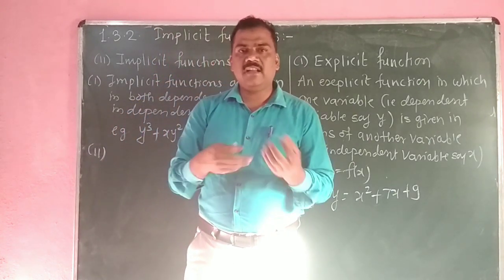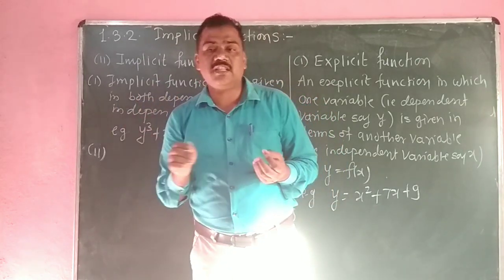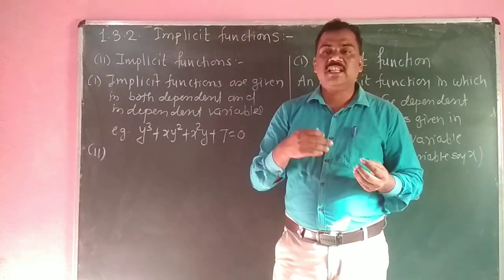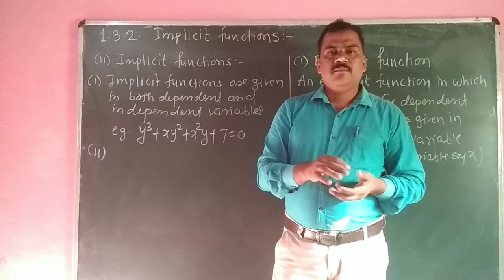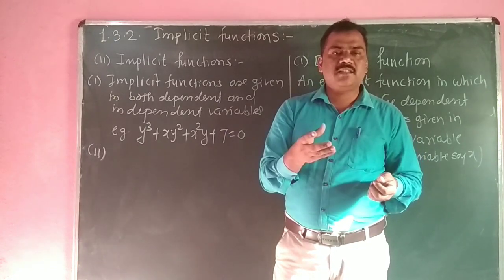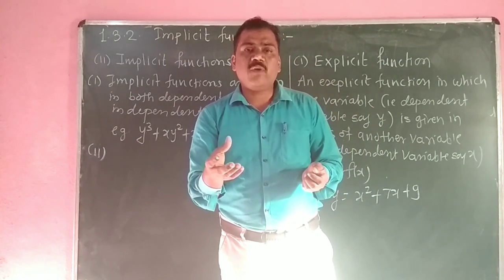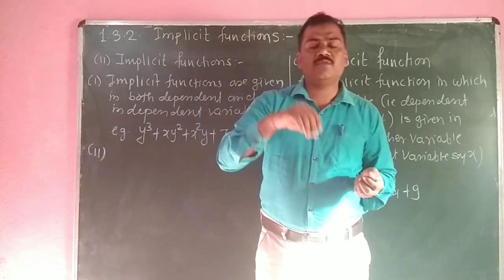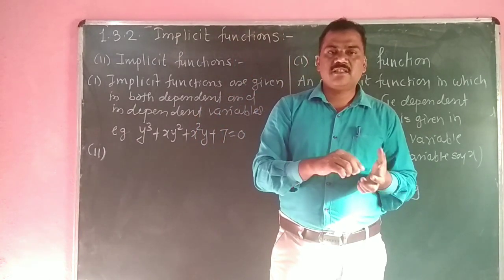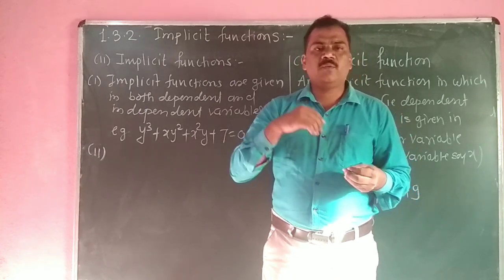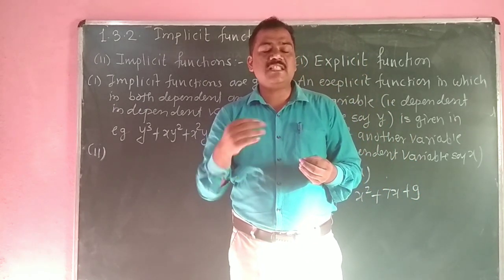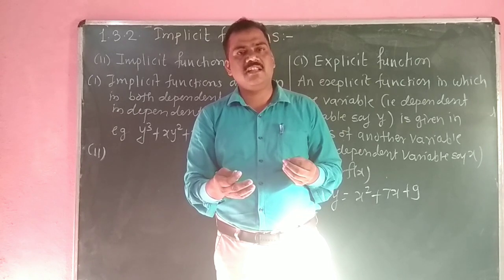If we cannot express x explicitly in terms of y and y explicitly in terms of x, then one of the variables, x, is implicitly expressed in terms of the other variable, y.